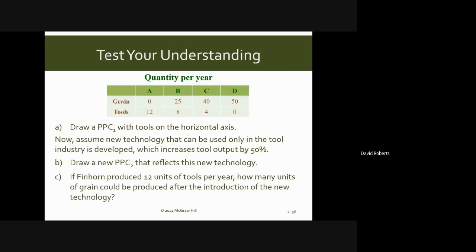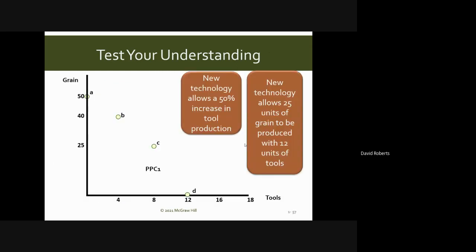Here's some numeric examples. We're going to do the same thing. So here's our original production possibilities curve 1. There's going to be an increase in the technology for tools. So what it'll do is it'll swing or increase the production possibilities curve outwards, except for point A. So B, C, and D will go out, but there'll be no A2.